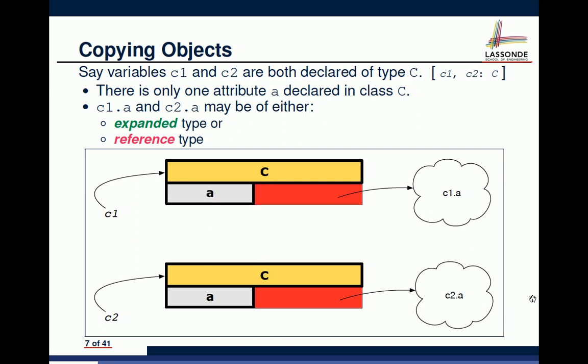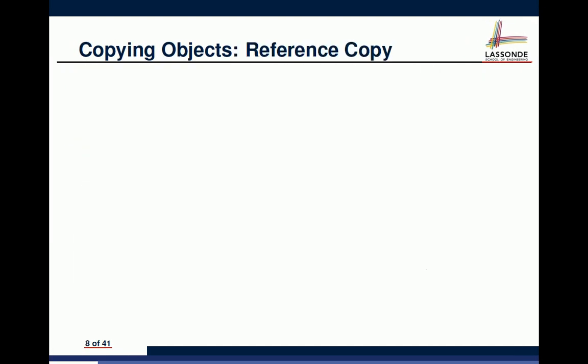The reason I put a cloud over here is because A can be as simple as of type integer, or as complicated as a red black tree, like what you did in lab number 1. So I'm just trying to say the attribute A here can be of any type you like. That's the layout we want to have. I want to show you intuitively how the different copies might work visually, and then we'll use examples to show you, which is more relevant to writing postconditions. Now we're going to see the first example, reference copy.